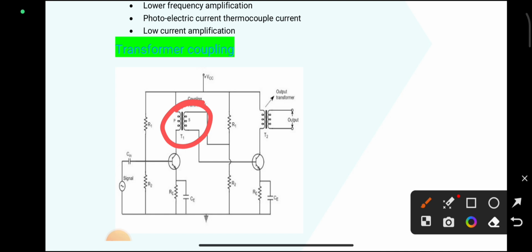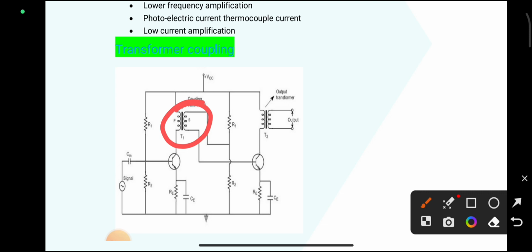IC, the collector current, passes through the primary coil of the transformer. Instead of RC, the collector resistor, in that position we use a transformer.